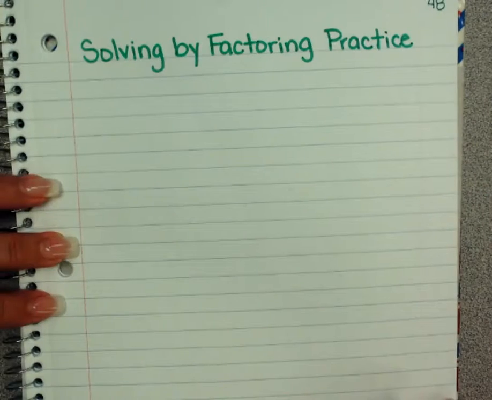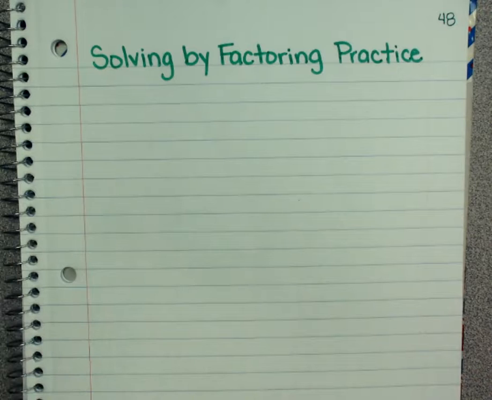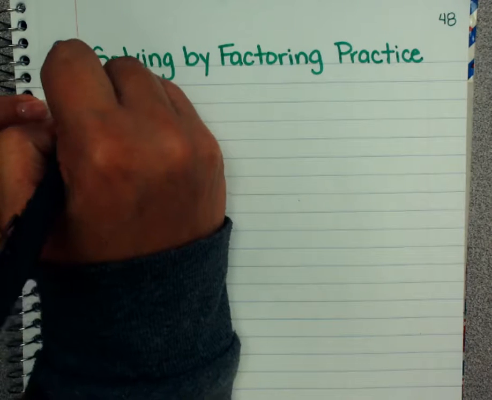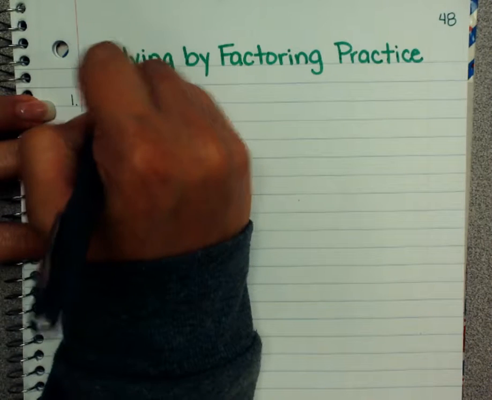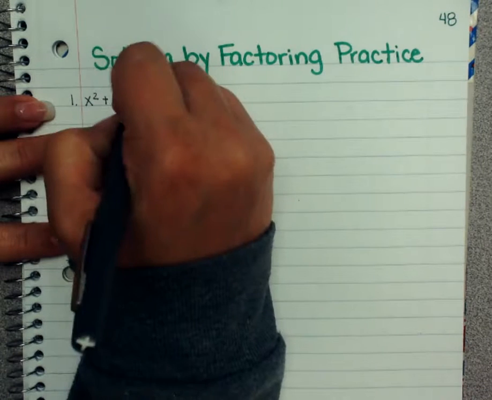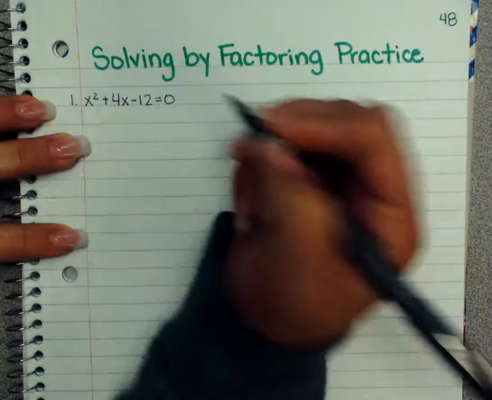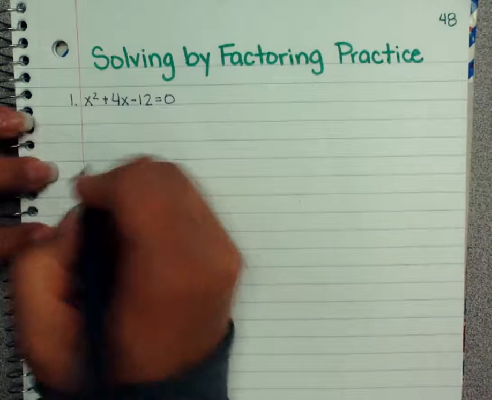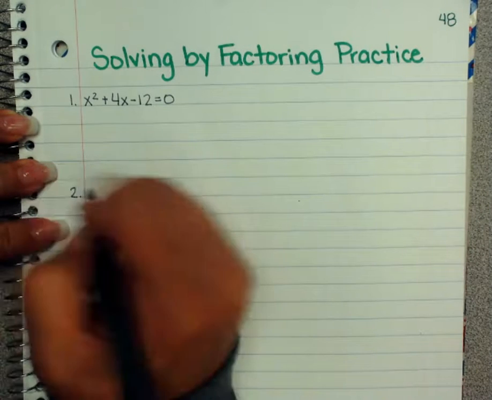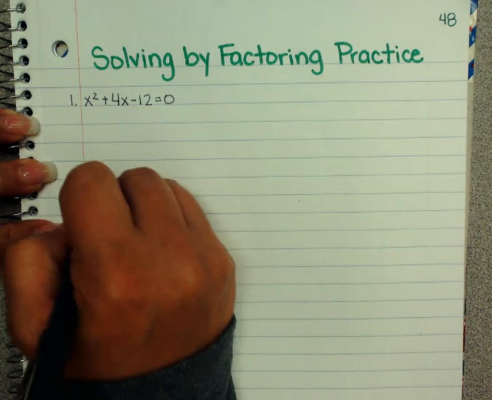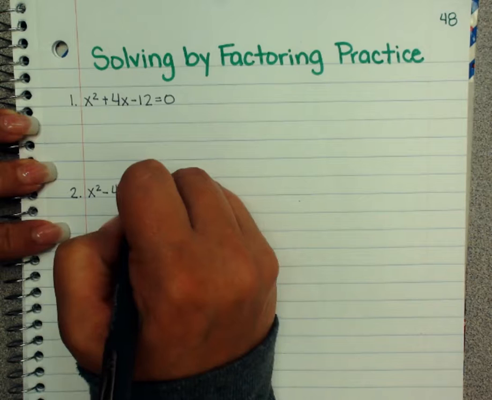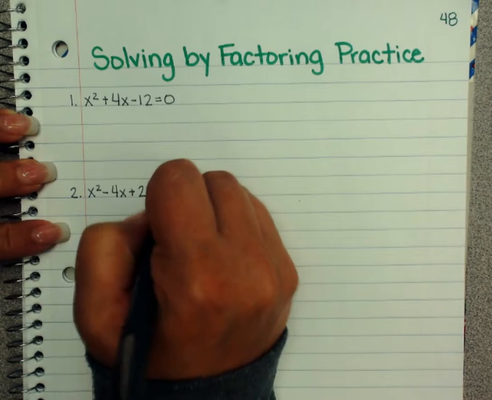Alright, so here's solving by factoring practice. These are our practice problems we're going to use. Problem number 1, x squared plus 4x minus 12 is equal to 0. Problem 2, x squared minus 4x plus 21 is equal to 0.